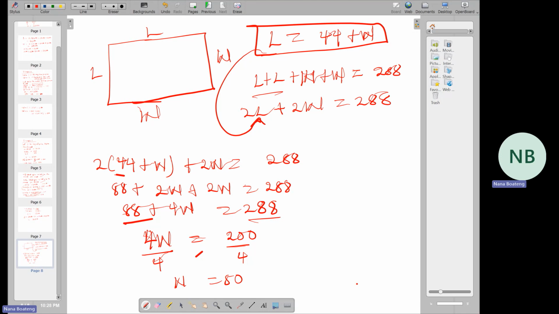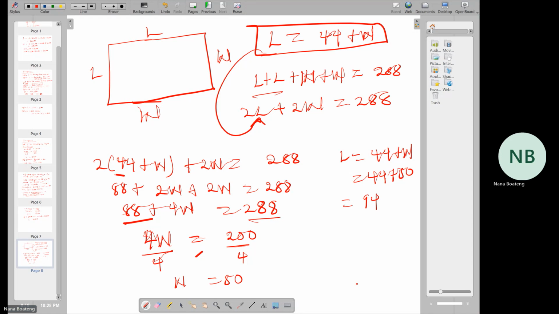So if W is equal to 50, we know that L is equal to 44 plus W, so that equals 44 plus 50, which is 94. So the length is 94 feet and the width is 50 feet.